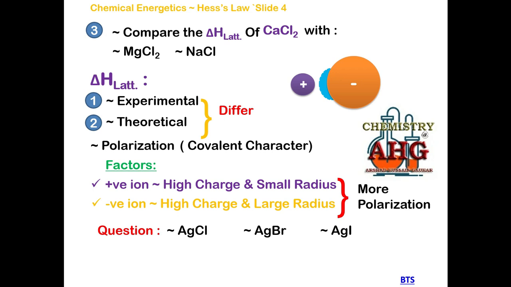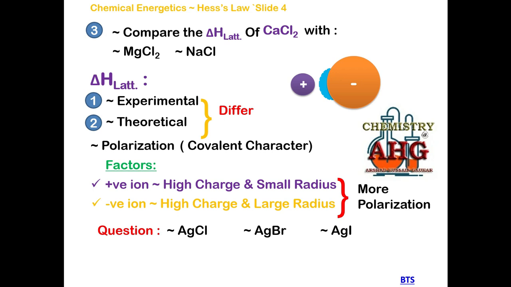Chloride is one negative, bromide one negative, iodide one negative, so the charge of these negative ions is identical. So you will ignore the charge, and now you go for the radius. The negative ion that is largest in radius would undergo polarization most easily.